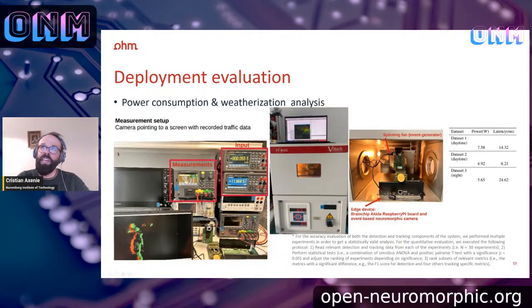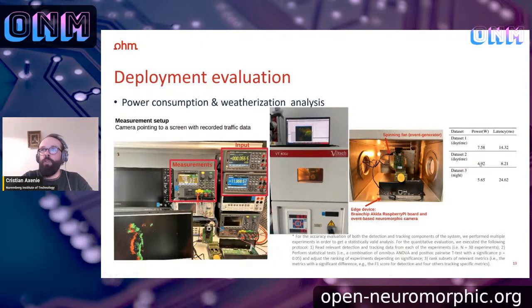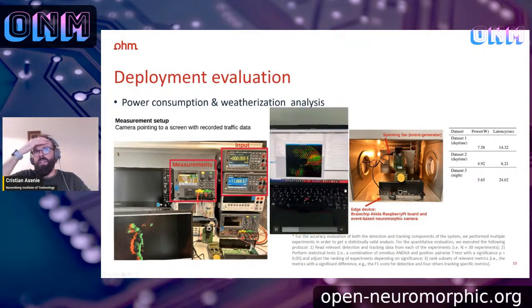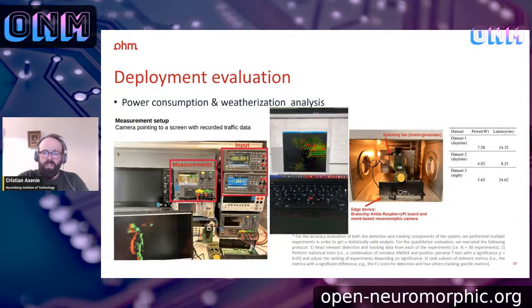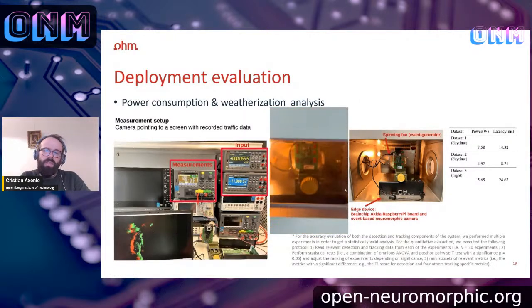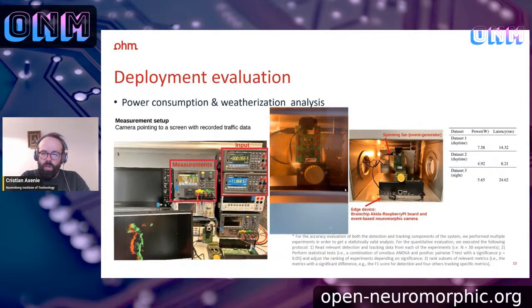And we see on the 3 data sets that performance is kind of different. I didn't put the numbers with the oven here because there were insignificant differences. So we also demonstrated the weatherization capabilities of our system.